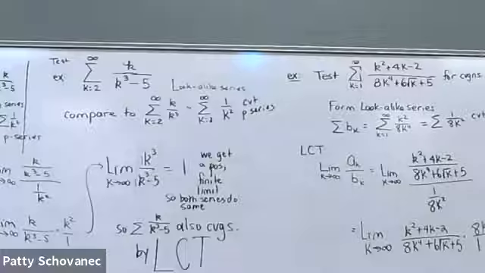So what should the limit be? 1. And had I thrown the 8 away, our limit would have been 1/8. So it doesn't matter whether I keep the 8 or not.